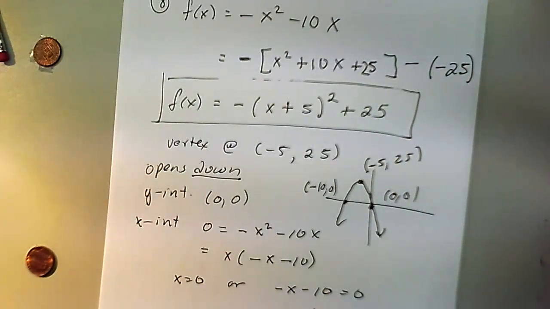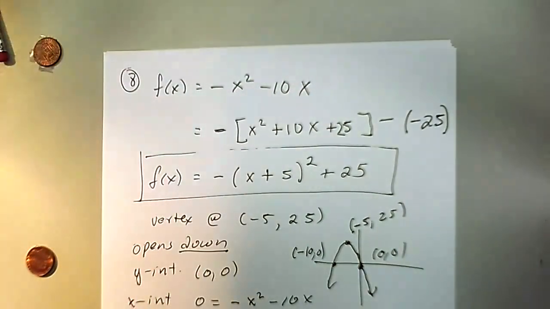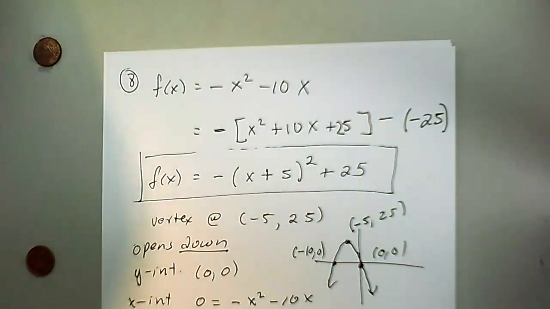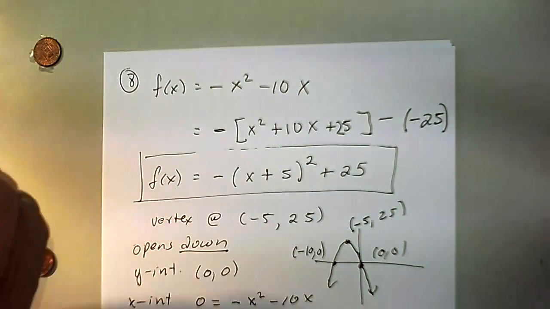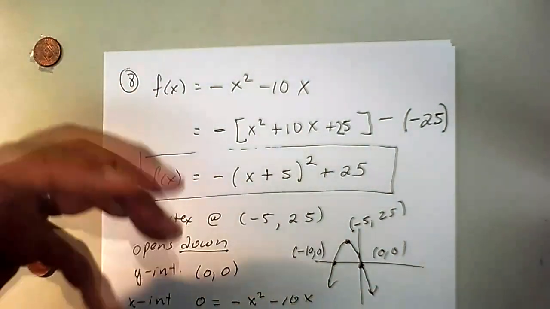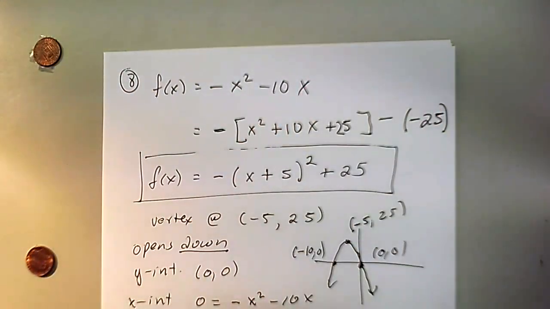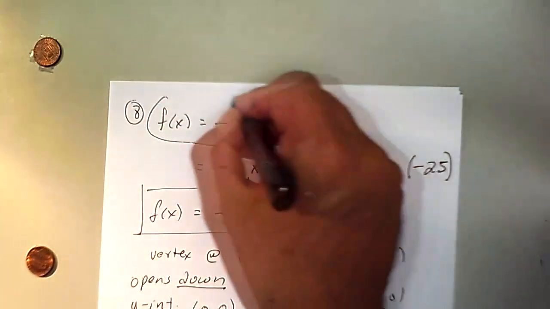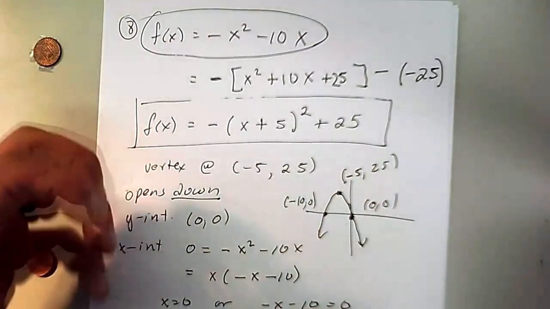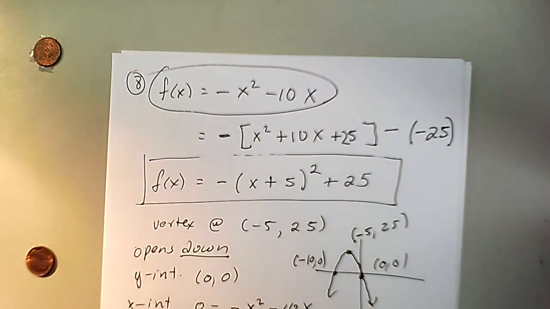So there's a lot of information we can draw from parabolas, and that's how the game works. This is not a game, it's a class, but that's how it works. We have to be able to draw a lot of information just from this little equation. That's all we're given. Notice how much we get to know about this graph.